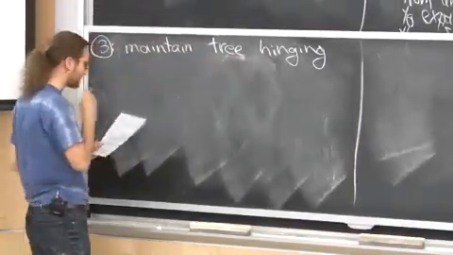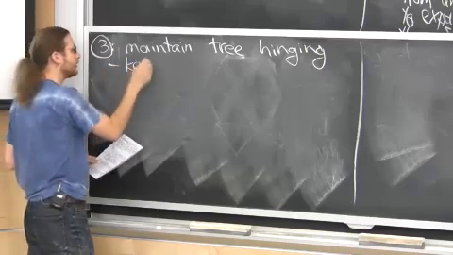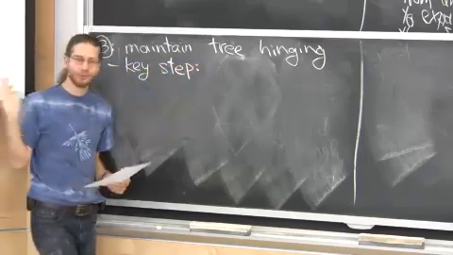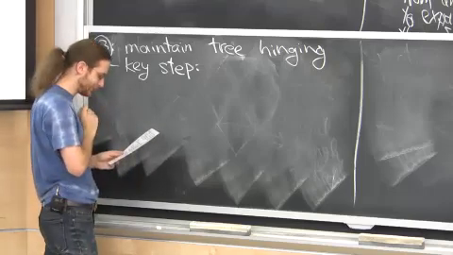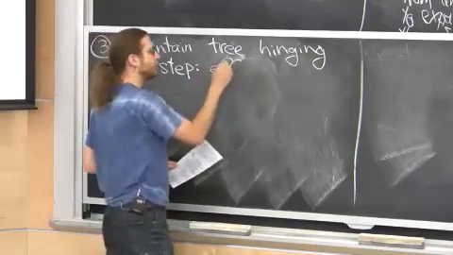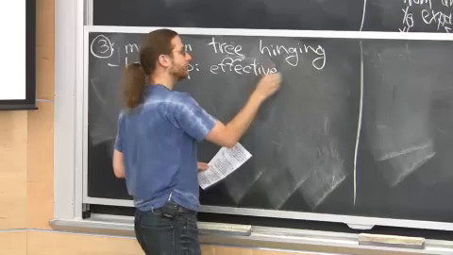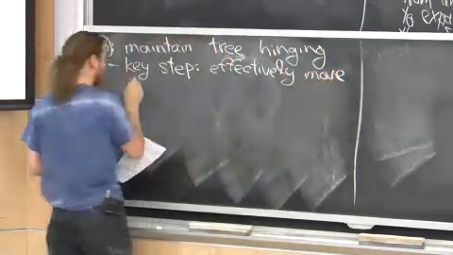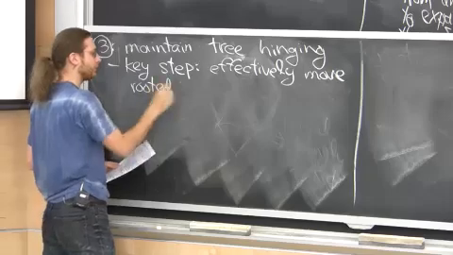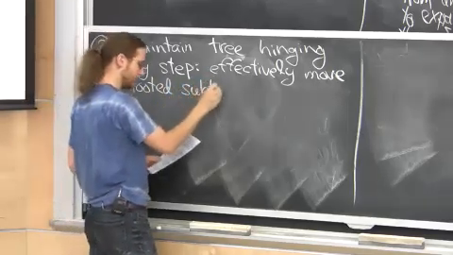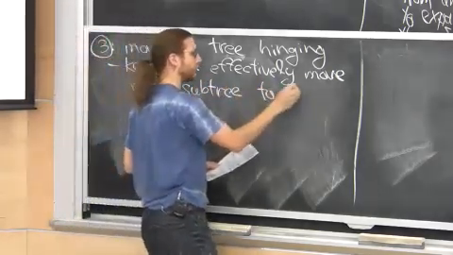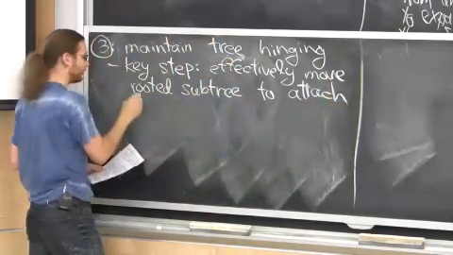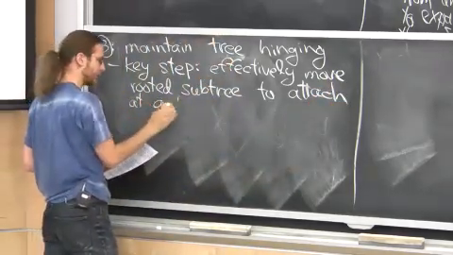And then the key thing that we are able to do, what this picture almost proves, there's another issue which I'll get to, is the ability to effectively move a rooted subtree to attach at another hinge, any other vertex.